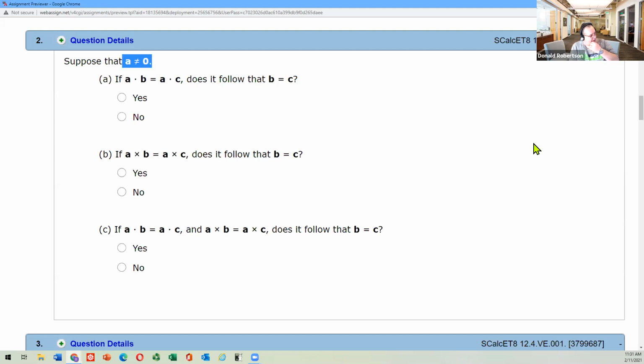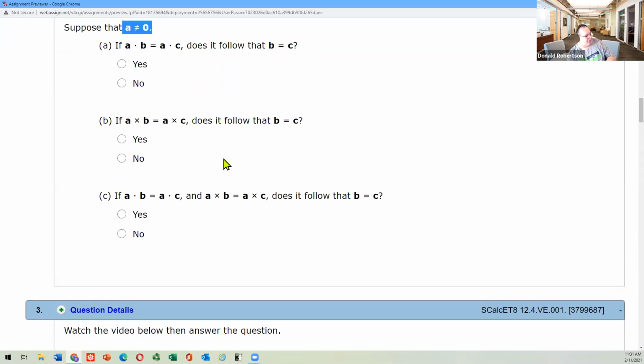What do you think? Well, they both have an A, right? Any votes on yes? Anybody think it's yes? Yes. Good, because it is. You can check it out.